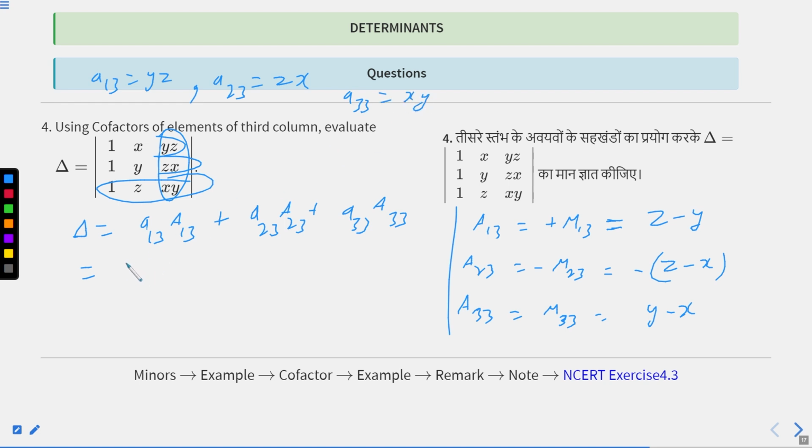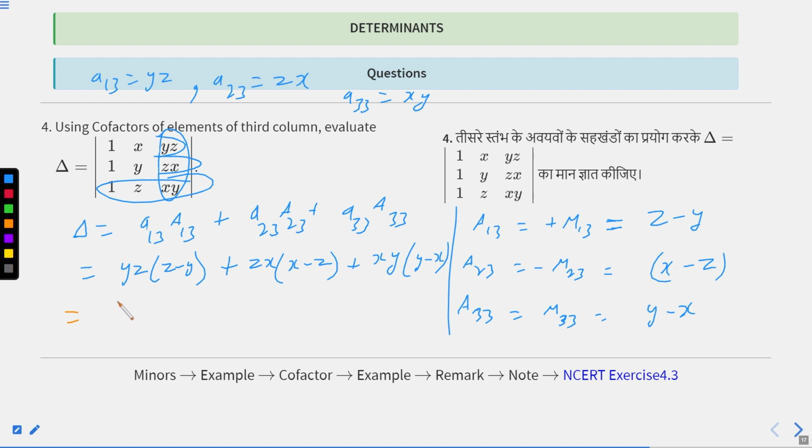Now yz multiplied with z minus y plus zx multiplied with, as you can see, I can interchange, so x minus z. Now a33, xy multiplied with y minus x. Okay, now we have to just evaluate it.